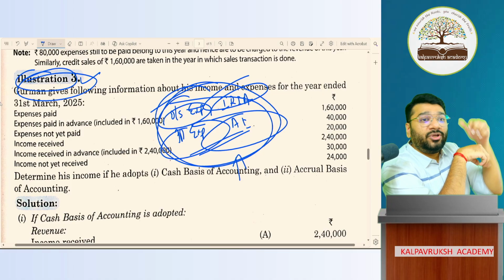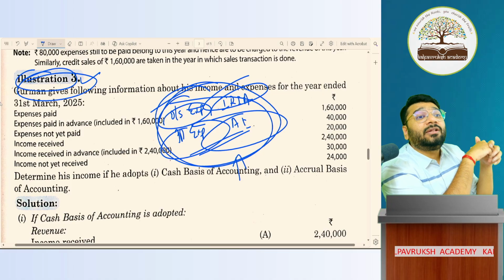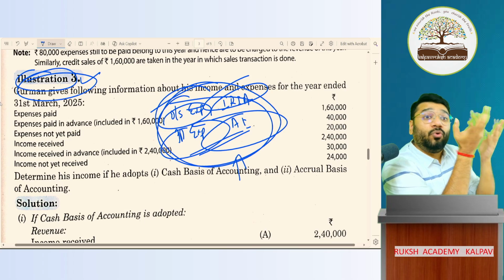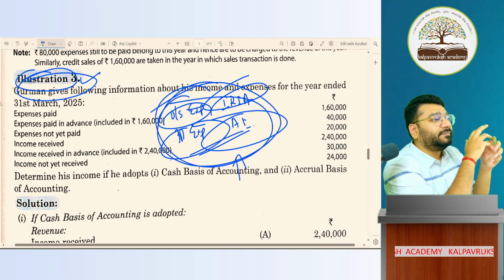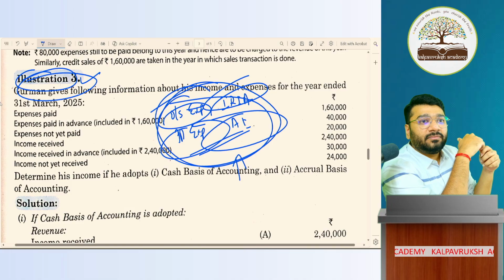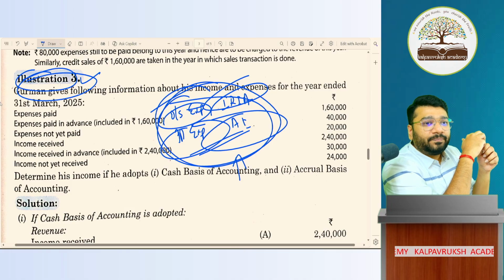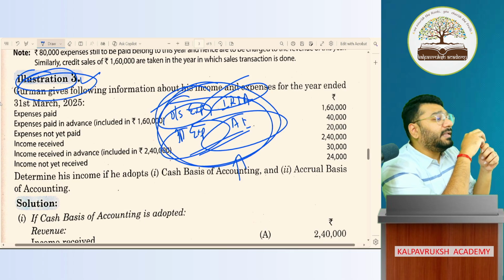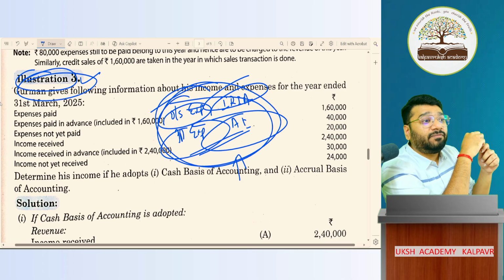These days, they're using AI technology to draft their own questions. This time in the CA final AFM paper, I don't know how far it is true, but a lot of AFM faculties have said that this paper was very tough this time. AFM, CA final paper, advanced financial management, very tough.